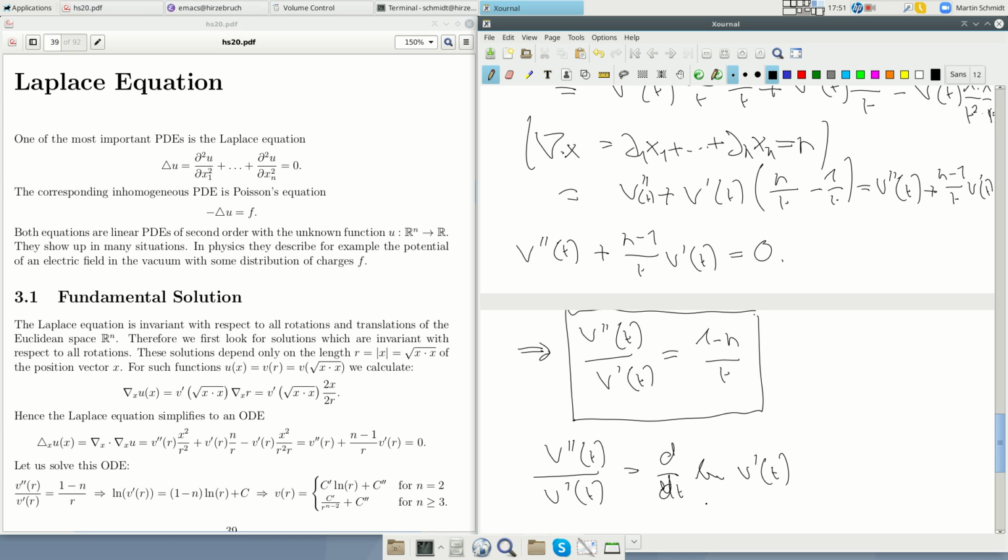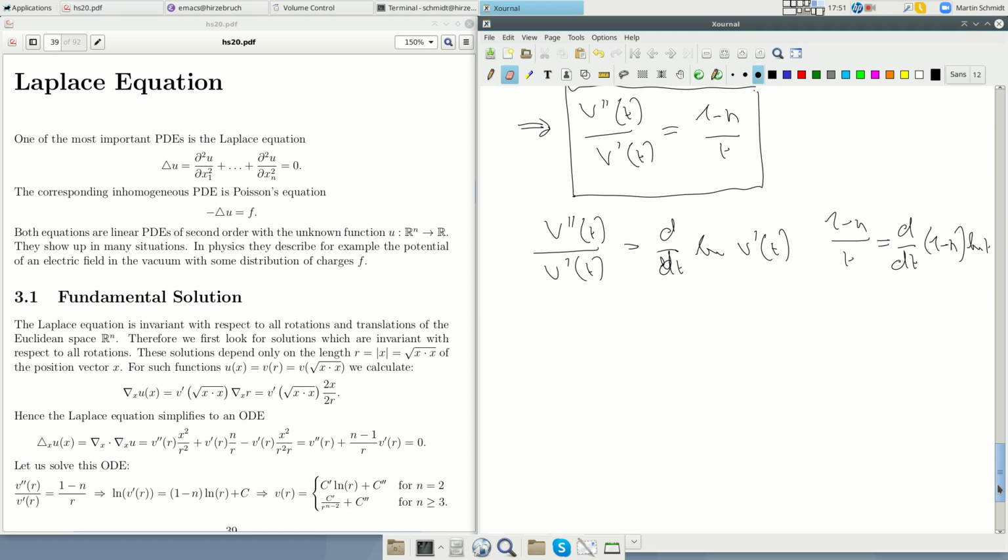And this is the derivative. So we now integrate once, then we get 1 minus n over r integrated, which is 1 minus n times ln r plus some constant. Okay, this constant here we don't need.